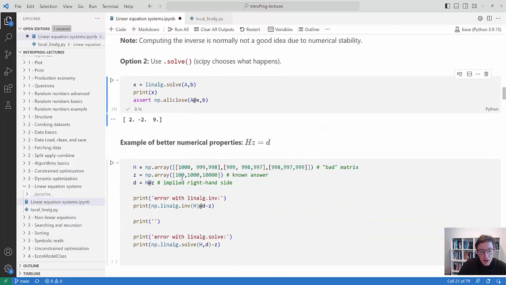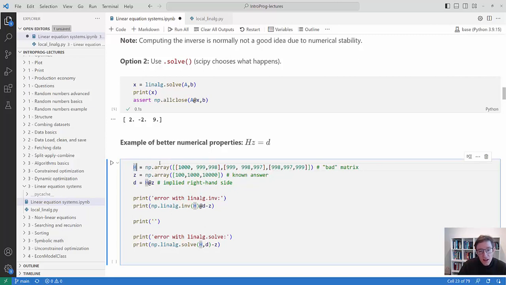Just to take an example of this, here I have a somewhat weird H matrix. I have a known answer that I'm putting in, and then I'm calculating what my right-hand side should be for this C to be the answer. And then I try to invert it and get back to the answer again.